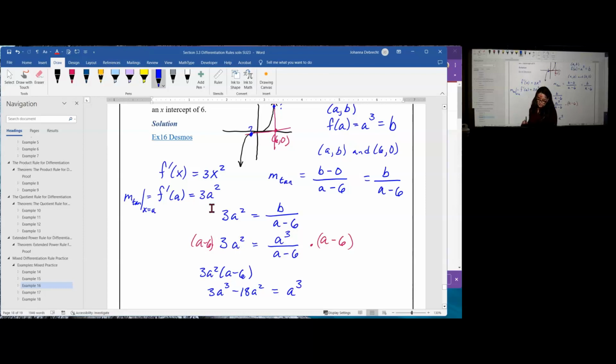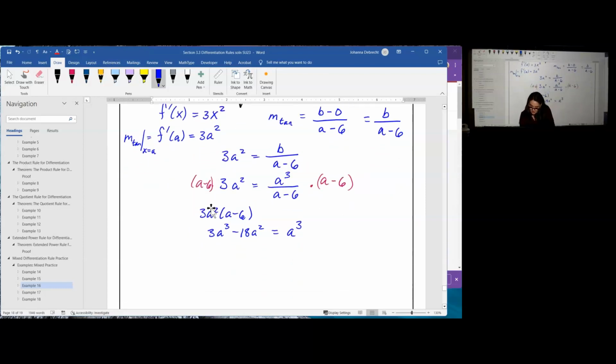Move everything to one side and solve for a. This gives me 2a cubed minus 18a squared equals 0. Or, factoring out the common factor 2a squared, I end up with 2a squared times the quantity a minus 9 equals 0. This means that either a equals 0 or a equals 9.